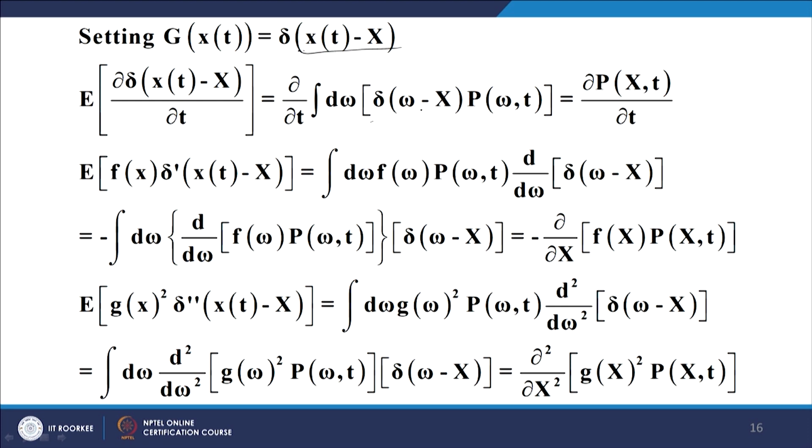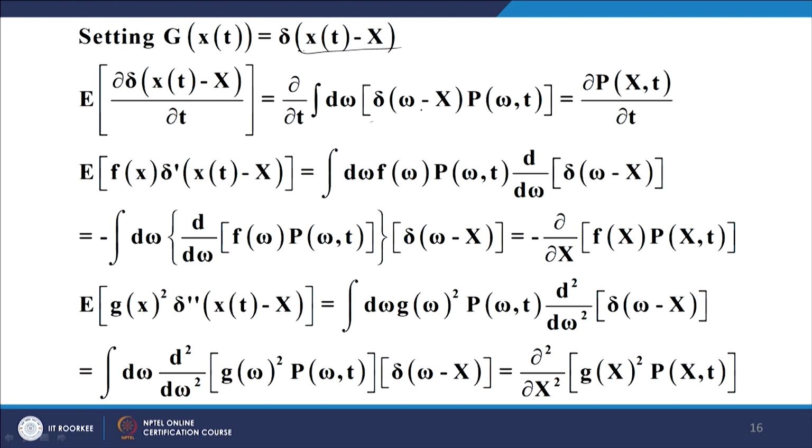Only the terms where these two are equal will be retained by this integration, and we get this. This omega will be replaced by x. That is the effect of this delta integration, all the other terms will go. So, in effect, we are evaluating these expectations at the point capital X. That is the important thing, that is the net result.